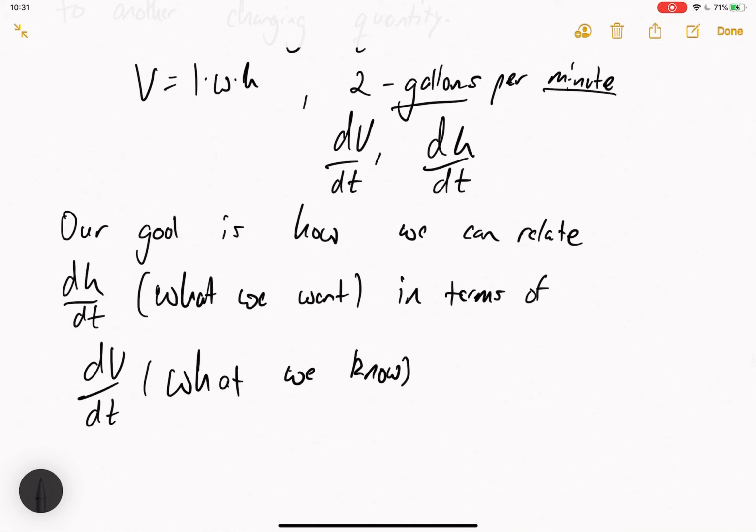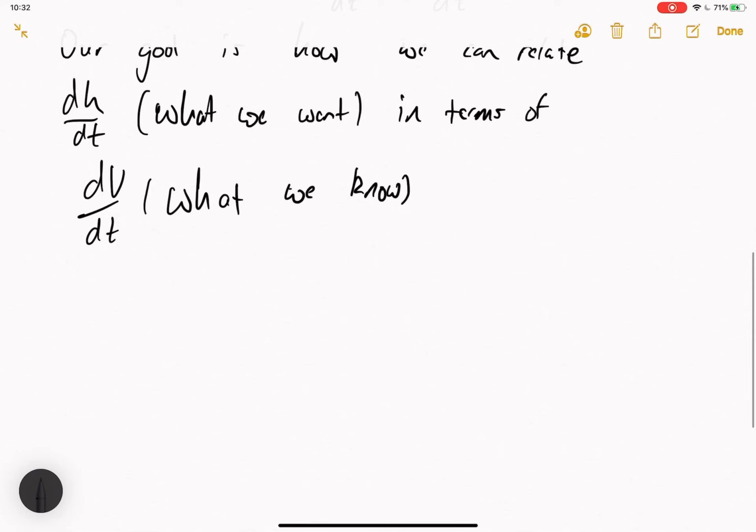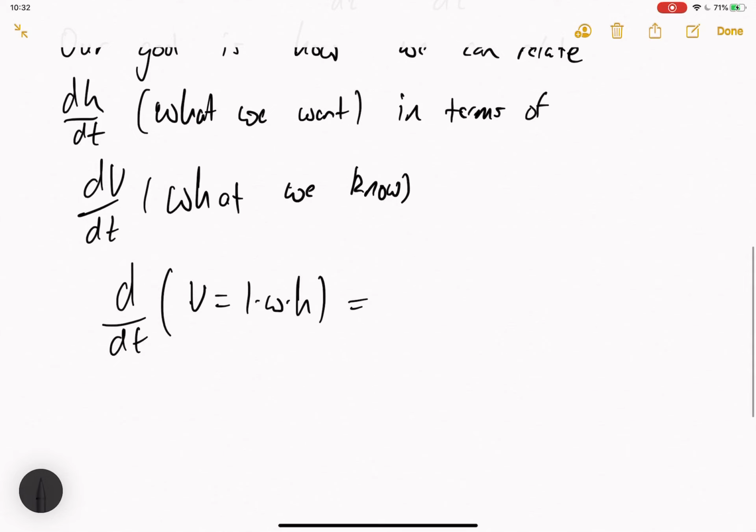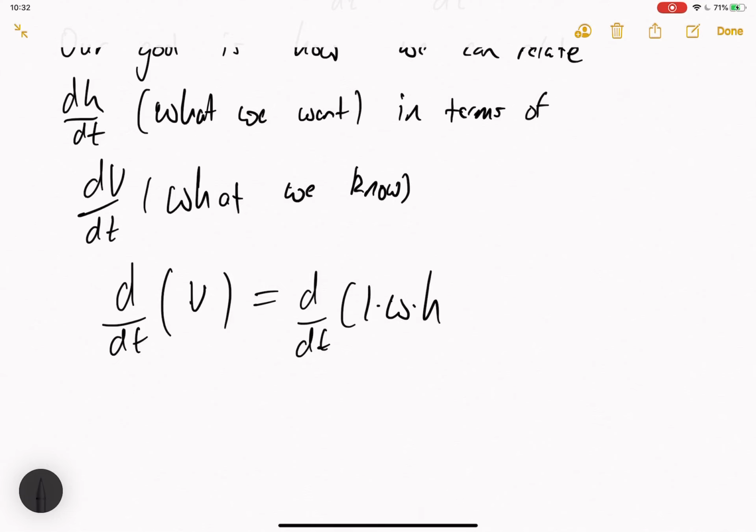If you want to take a derivative with respect to time of this whole equation, V is equal to L times W times H. So that's d dt of V equal to d dt of L times W times H.